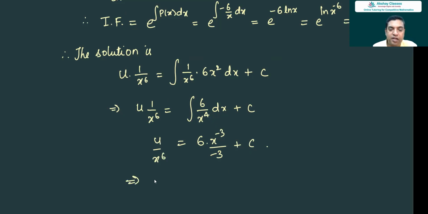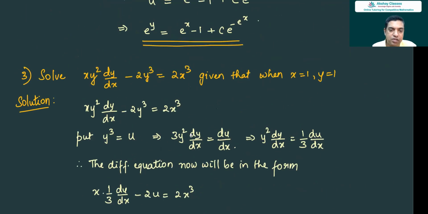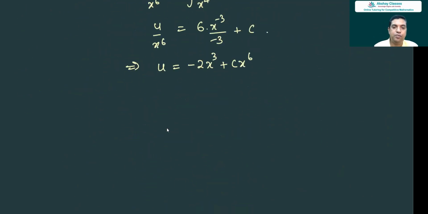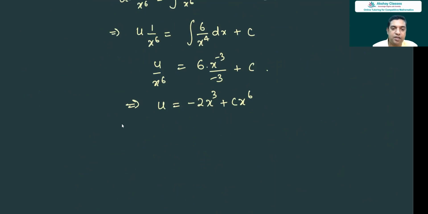Throughout multiply by x power 6, we get u is equal to minus 2 x cube plus c x power 6. So what is u? It is y cube. This implies y cube is equal to minus 2x cube plus c x power 6.